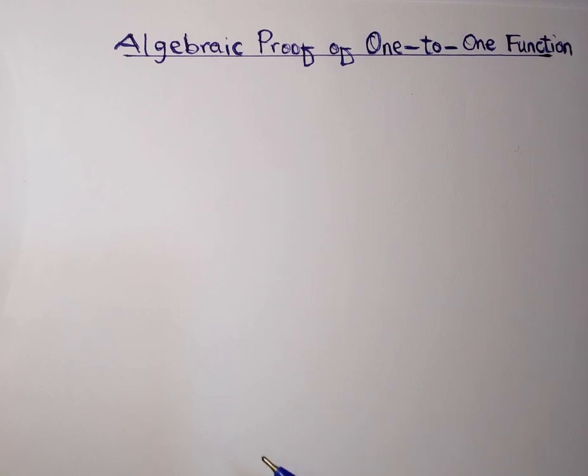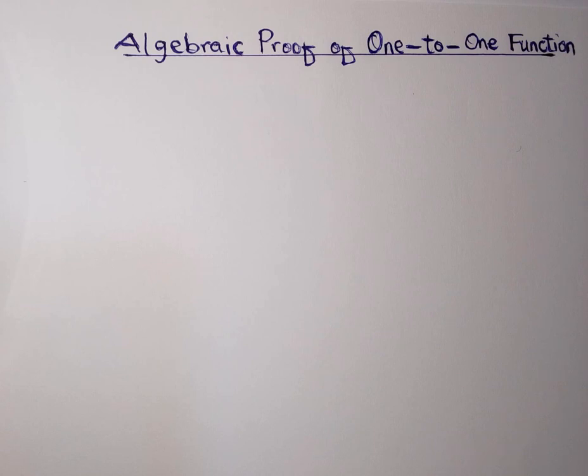That is where only one element of the domain has a unique image in the codomain. We have already looked at it, but this time we are going to look at how we can prove algebraically that a function is one-to-one, and that is what we are going to do in today's lesson. So without wasting much time, let's quickly dive in.